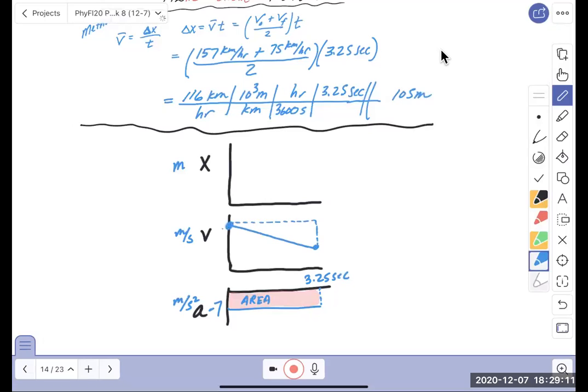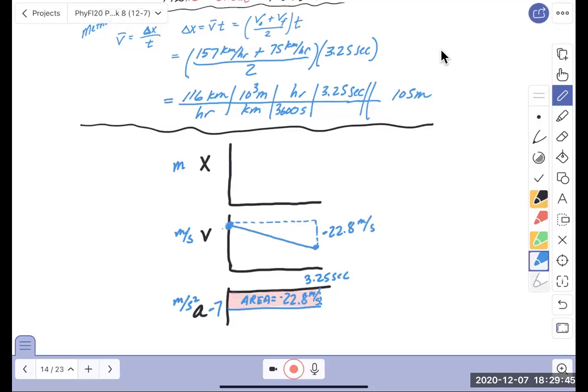My loss in velocity is what that area will equal, in meters per second, which is what I want. So it'll save me some unit analysis. If I have 7 times 3.25, that gives me -22.8 meters per second. So I know that the velocity has dropped off by 22.8 meters per second.